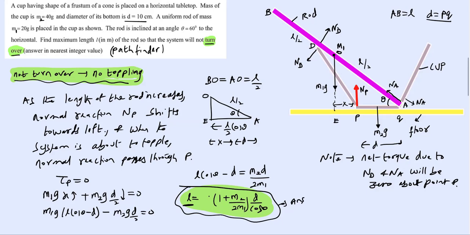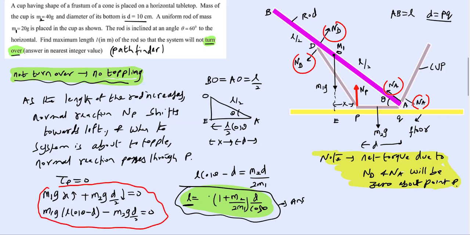So these are some observations a student has to make. If you draw the free body diagram, then you can analyze. Without a free body diagram, without showing all these forces, you may think somehow this equation is wrong. You must justify: this rod is in contact with the cup here, so normal contact is acting, so why is that torque not coming?